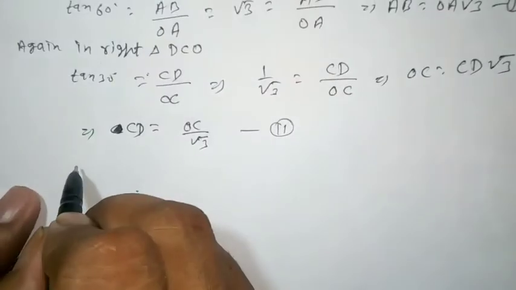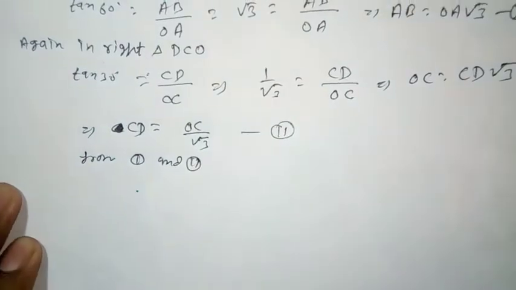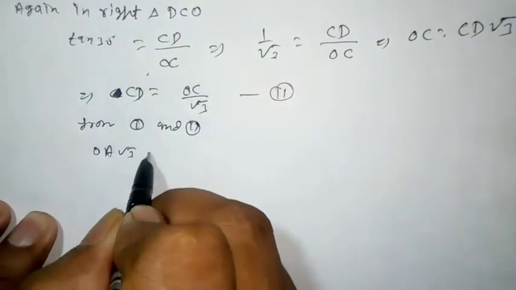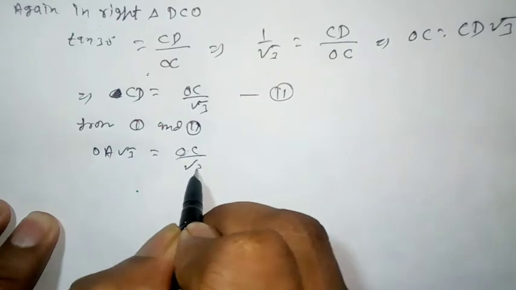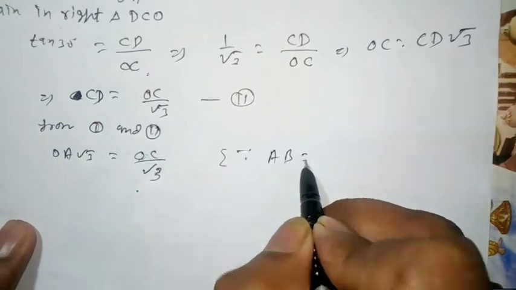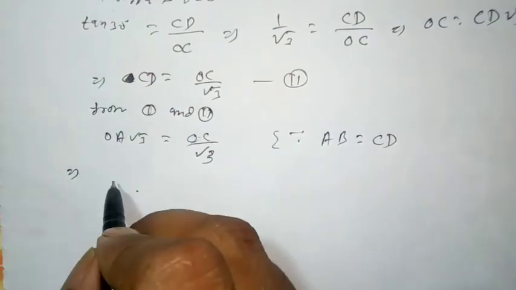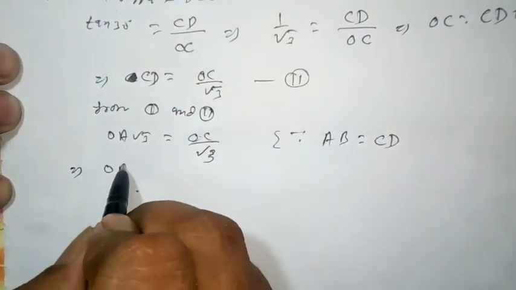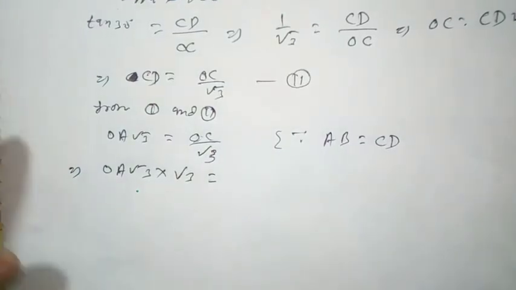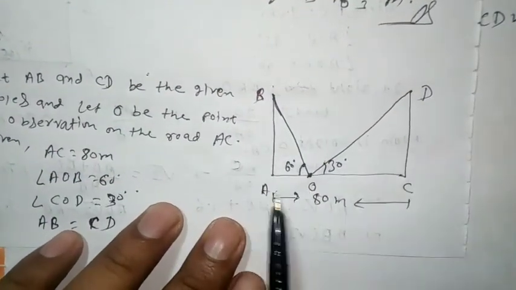From equation 1 and 2, OA root 3 is equal to OC by root 3, because AB is equal to CD. Implies OA root 3 into root 3 is equal to OC. According to the figure, OC is equal to AC minus OA.